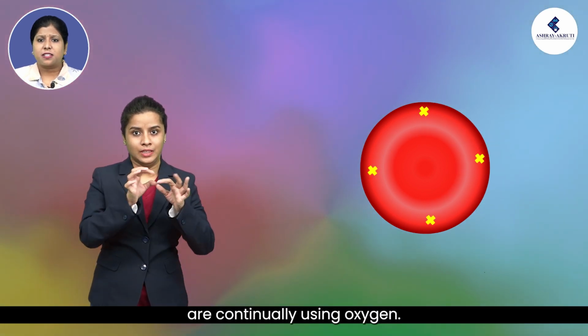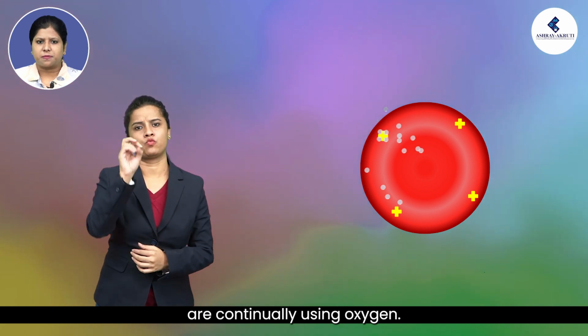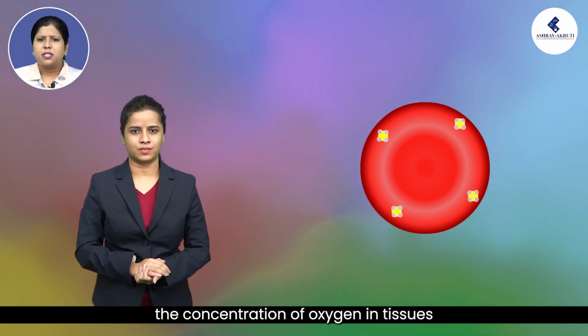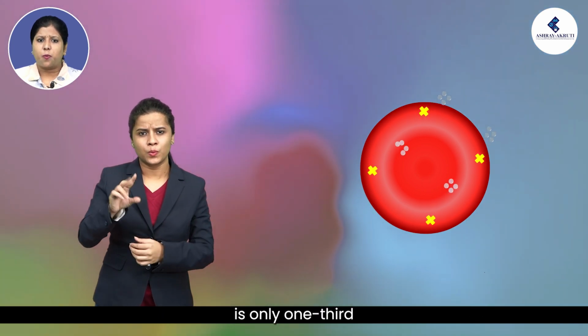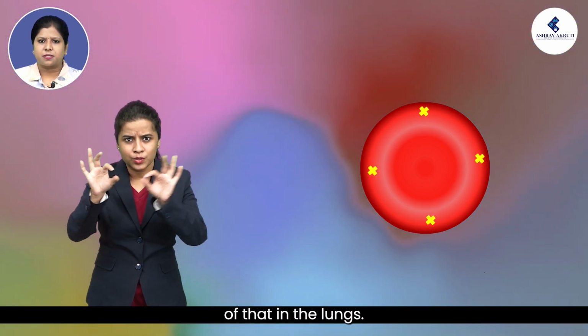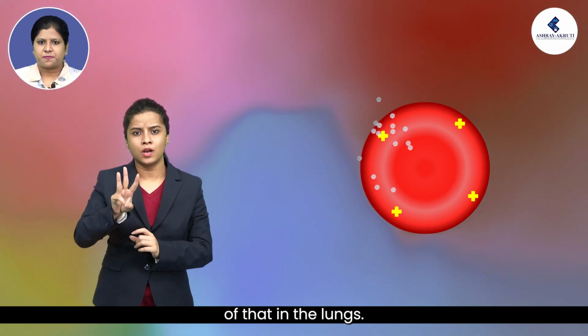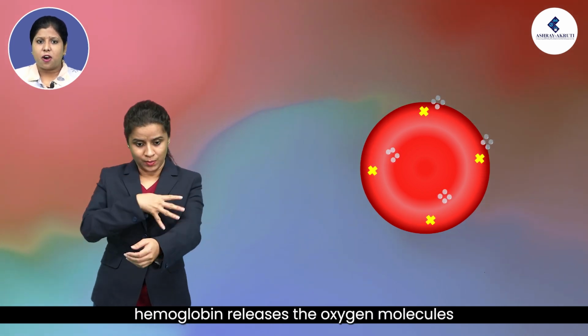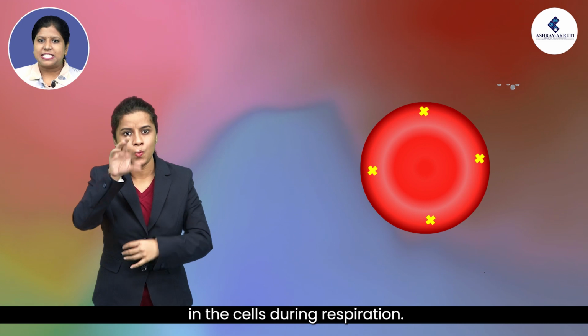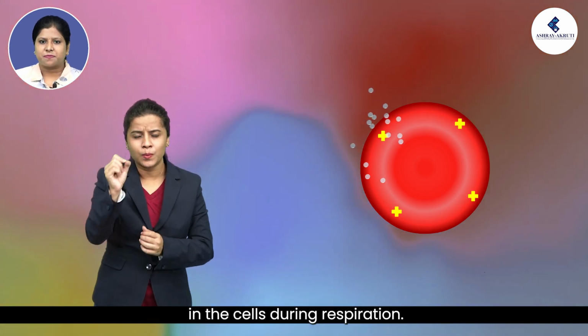The cells are continually using oxygen. Hence, the concentration of oxygen in tissues is only 1/3 of that in the lungs. So, the oxyhemoglobin releases the oxygen molecules in the cells during respiration.